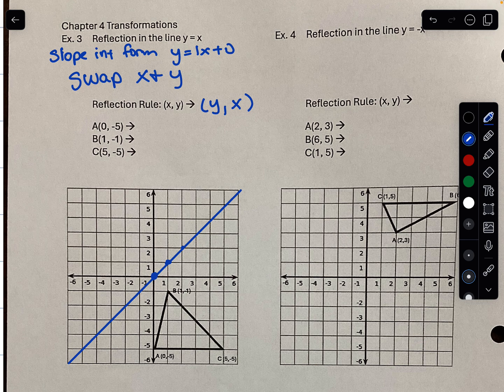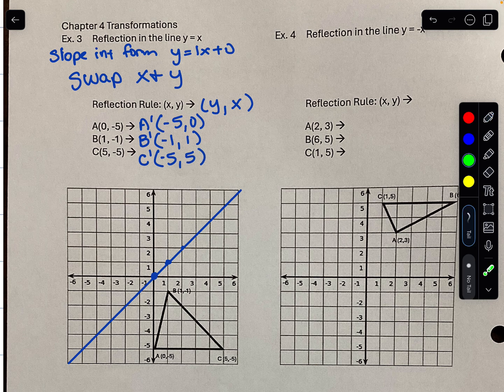Yes? Okay, so, Austin, what would be A prime? Negative 5, 0. Okay. Aixa, what about B prime? Negative 1, 1. Okay. Macy, what about C prime? Negative 5, 5. Good. So we just swap those values, and then I plot these new ordered pairs.